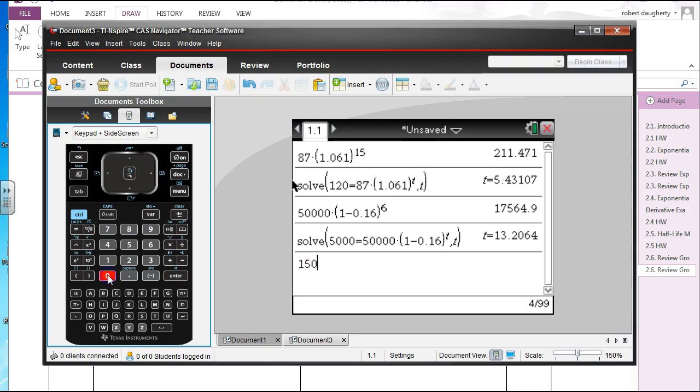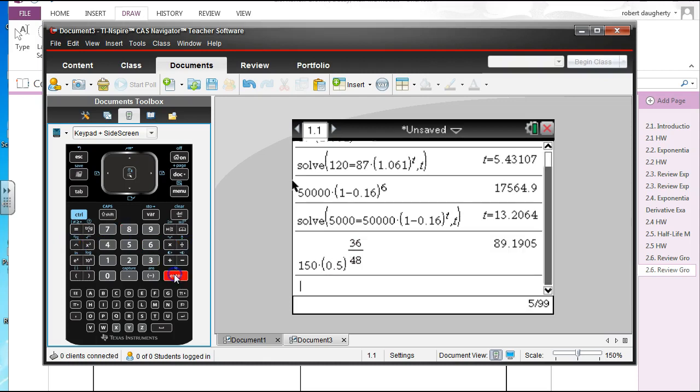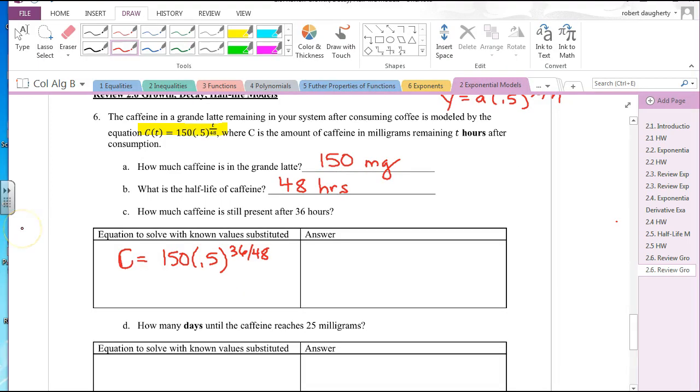So 150 times 0.5 raised to the 36 divided by 48, and 89.19. So there are 89.19 milligrams after 36 hours.